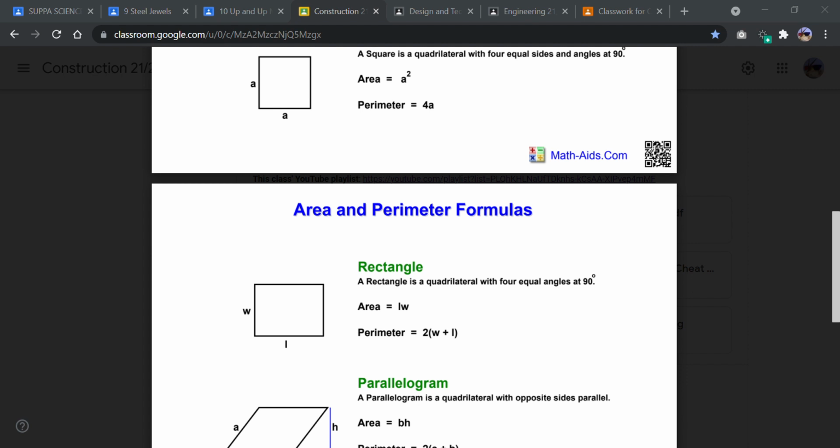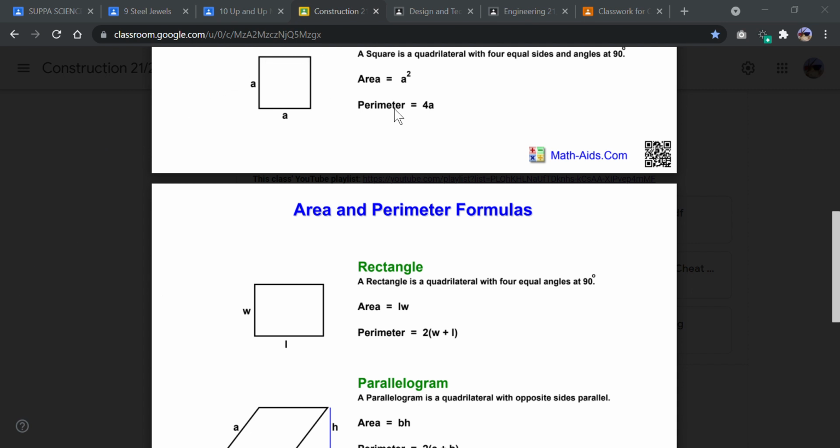Millimeters. Millimeters squared. So because we multiplied millimeters by millimeters, the answer will be in millimeters squared. Okay. So area is always squared.